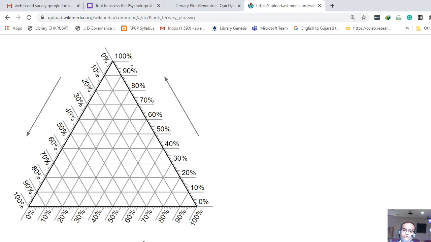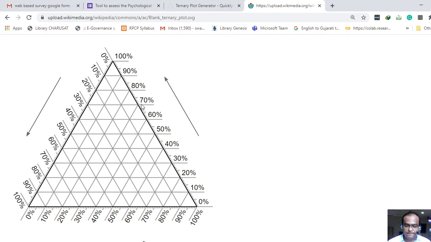So here you may see in some graphs it may be considered that the lines are considered at 100%, while the corners are considered at 0%, and in exactly the opposite way you may consider these corners as 100% and the lines, or let's say the opposite axis, as 0%. So let me give you an example: if we consider the line as 100% and the corner as 0%, how can you read it?